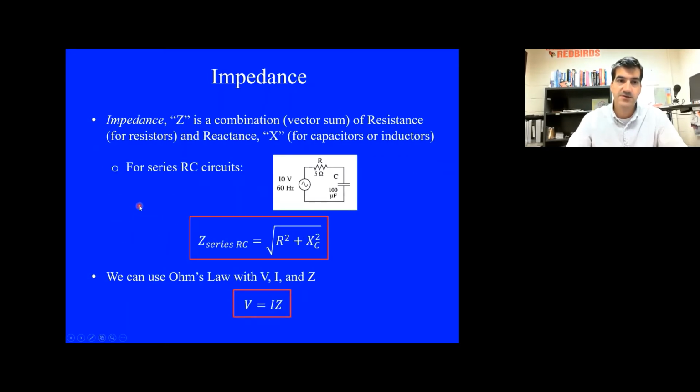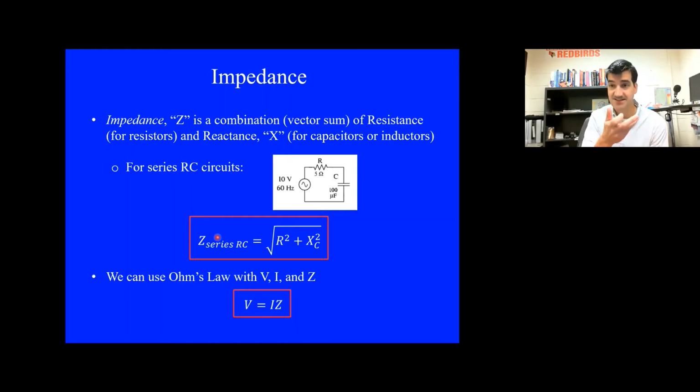All right, so we've said Z is a vector sum of resistance and reactance. Let's do a circuit like this. We've got a series RC circuit. That means we have in series a resistor and a capacitor, and here are our values. We know that the impedance is given by this equation because a squared plus b squared equals c squared. But I don't want c squared, that's the hypotenuse squared.